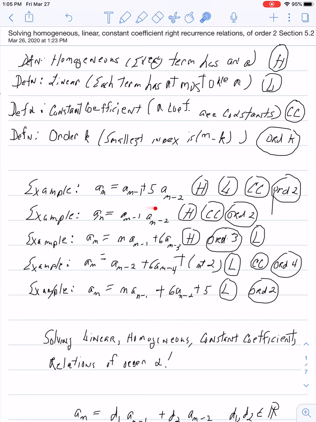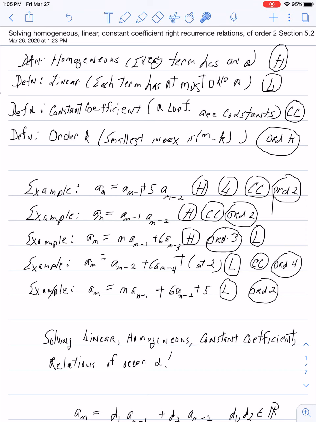My next example is a sub n is a sub n minus 1 times a sub n minus 2. So when I look at that, it is homogeneous. Why? Because every term has an A in it. I have only one term, and that term consists of a sub n minus 1 times a sub n minus 2. So it is homogeneous.